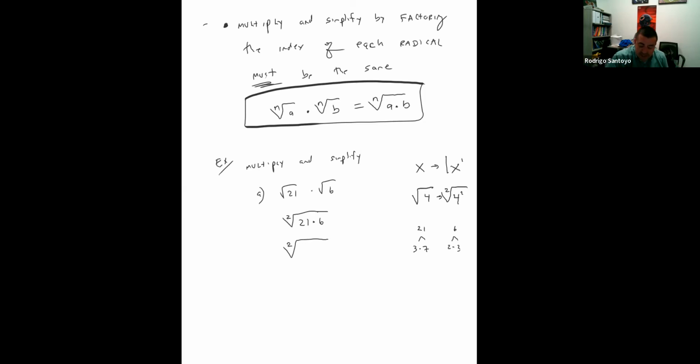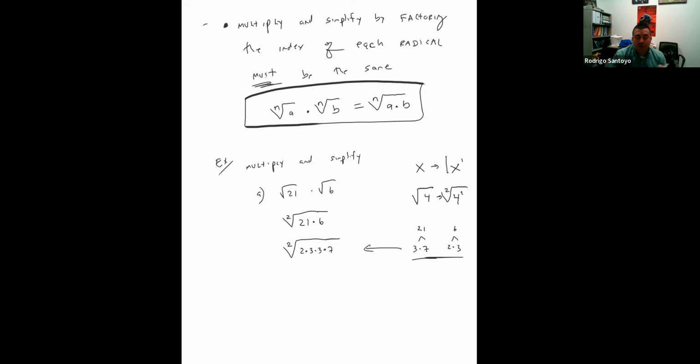Now these numbers, I'm just going to put in there and pair them up. I'll put my 2 first, then my 3s next, then my 7. So instead of multiplying 21 times 6 to get a big number, why don't we just break up 21 and break up 6? A lot nicer, isn't it?